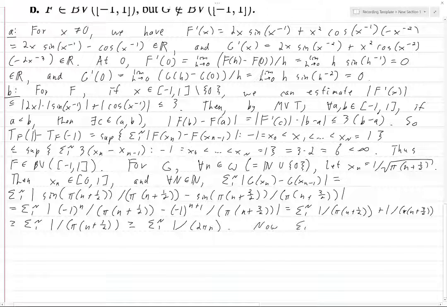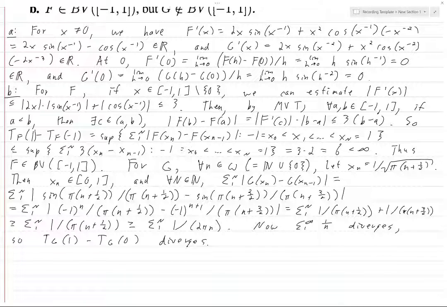Now the sum from 1 to infinity of 1 over n diverges, and so tg1 minus tg0 diverges. This is because tg1 minus tg0 is equal to the supremum over all things of this form, where you've got a finite sum of g of xn minus g of xn minus 1.